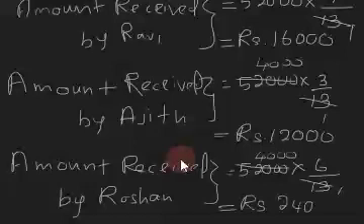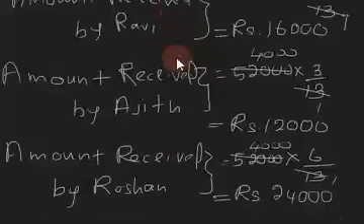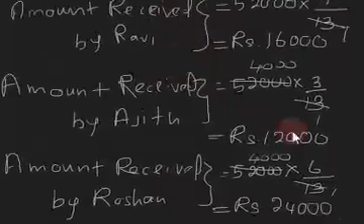So he got the highest amount when we consider the time period and the amount. Right. I think you understood this, right? If you have any doubt, you can send me through the LMS. Thank you.